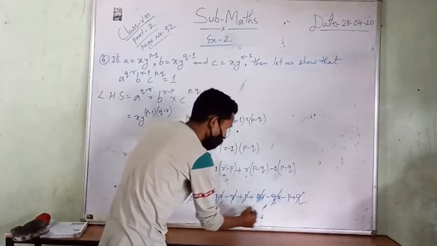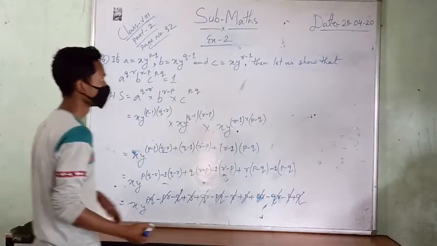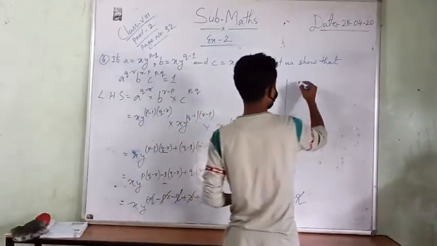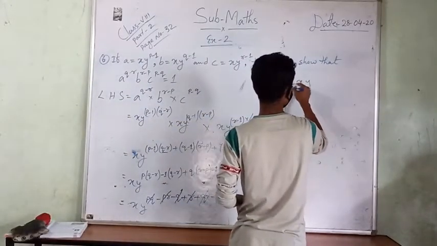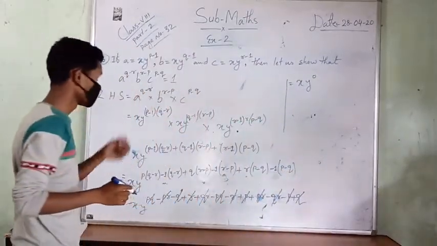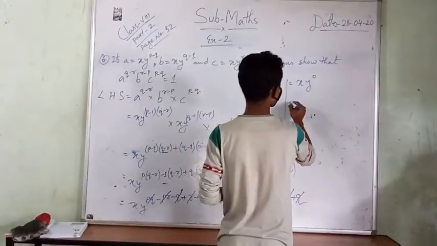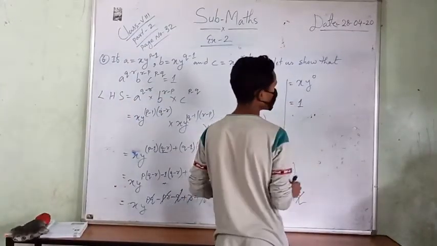Now plus P and minus P. Then all are cancelled. That means I will write there x to the power 0, xy to the power 0, then xy to the power 0 means 1.